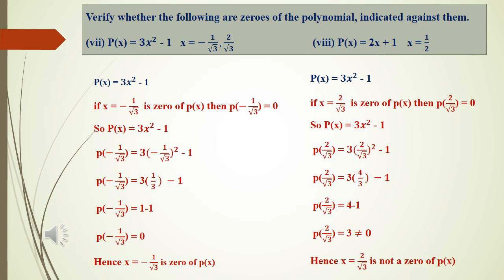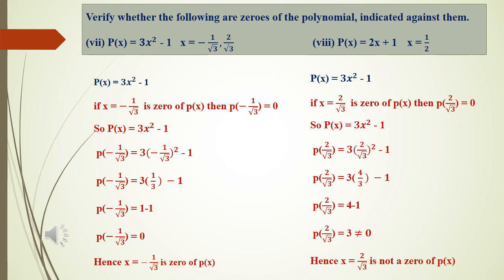And then we simplify with 3. The final answer will be 1 and that is subtracted by 1. The result is 0. Here we get answer 0. We can say that x is equal to minus 1 upon root 3 is a zero of the given polynomial.